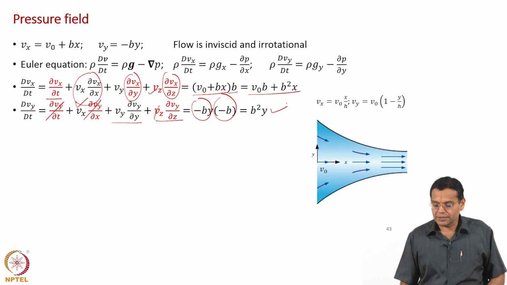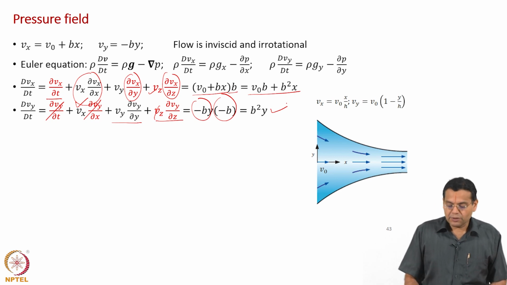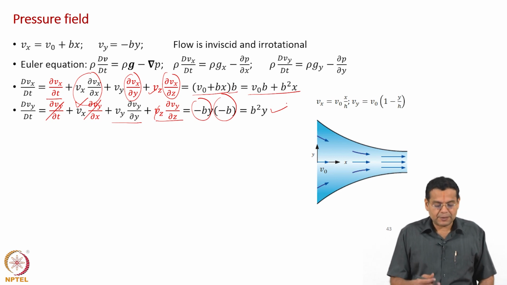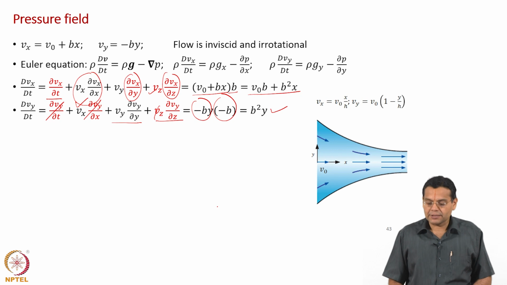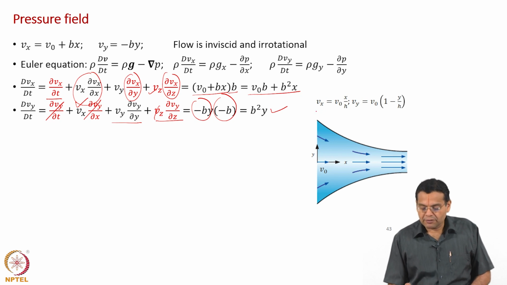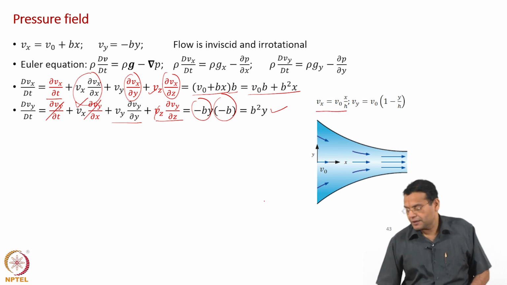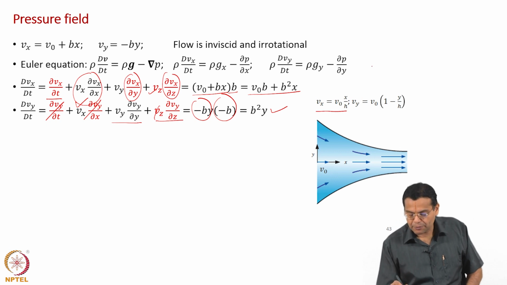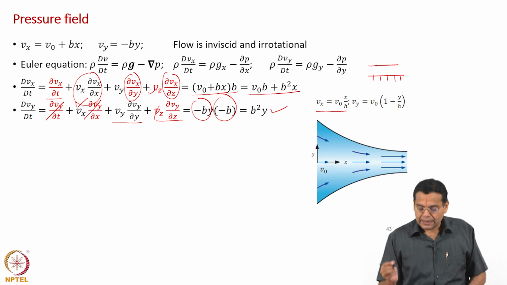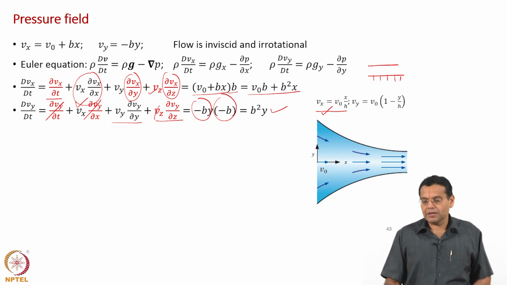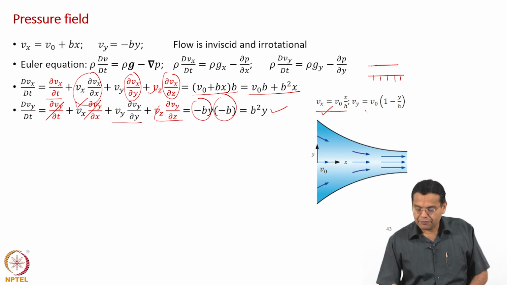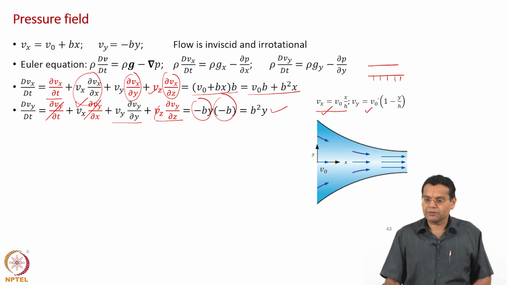Let us see why these steps are the same as what I had done earlier. In the example which we took for illustrating the Euler equation, it was flow between two plates, and we had a porous plate here, and there the velocity field was given by Vx equal to V naught x by h, and Vy was given by V naught into 1 minus y by h.